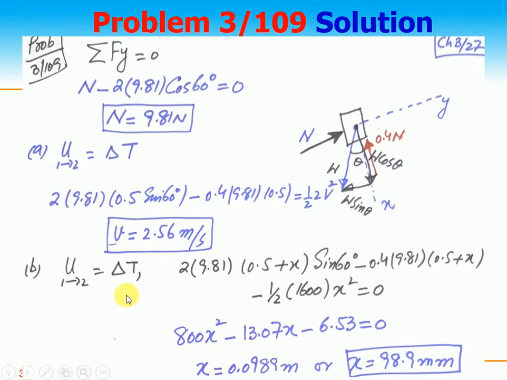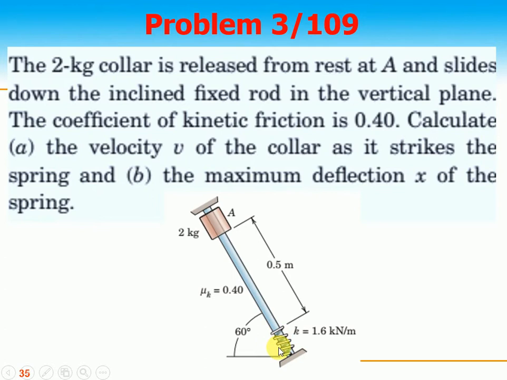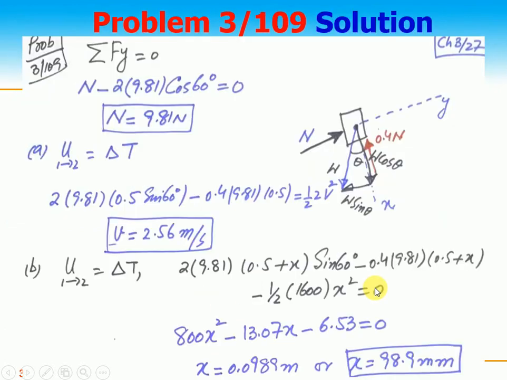Next is the change in kinetic energy. We have to find the maximum deflection of the spring. Dear student, again the change in kinetic energy is equal to the work done. In the same way, it's 2 times 9.81. Now it has some deflection of the spring in this direction, so the total height becomes 0.5 plus x times sine of 60, minus 0.4 times 9.81, similarly times 0.5 plus x.